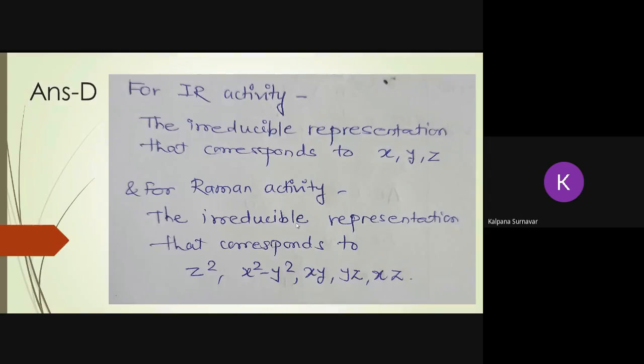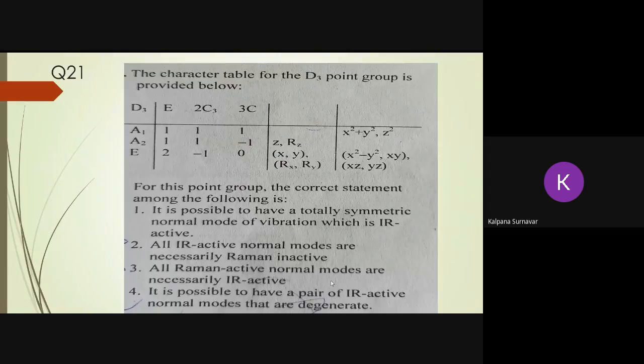See, in this problem, A2 contains Z, then E contains X and Y. Anywhere X, Y, and Z is present, these modes are IR active. Means A2 and E modes are IR active.